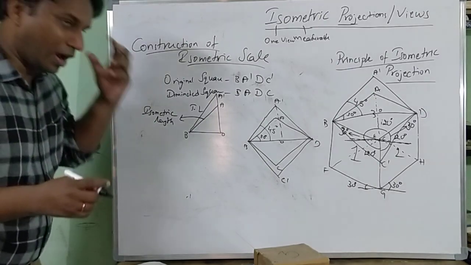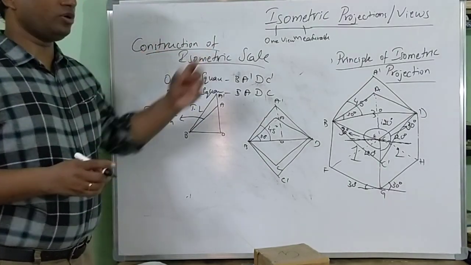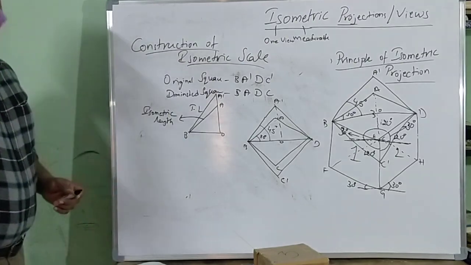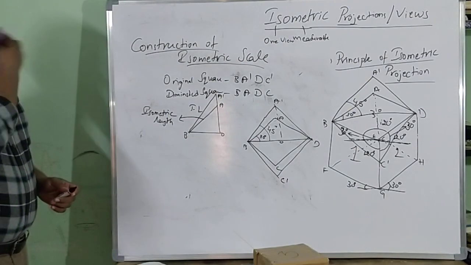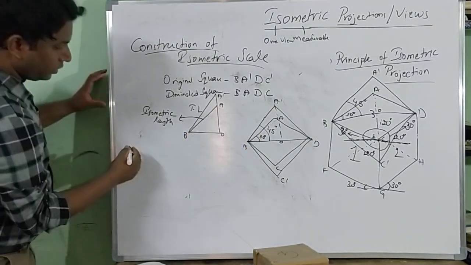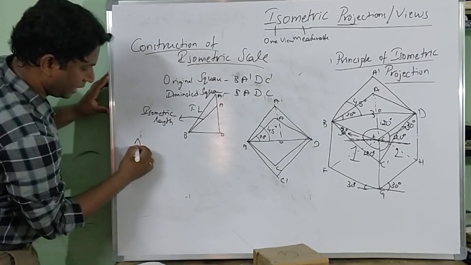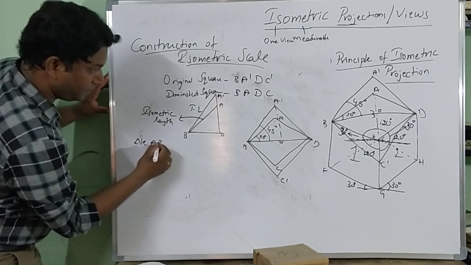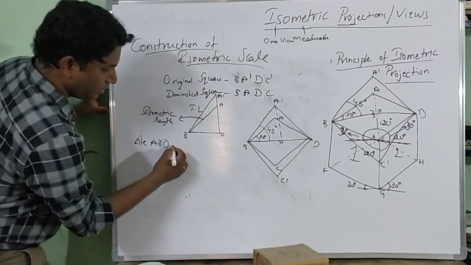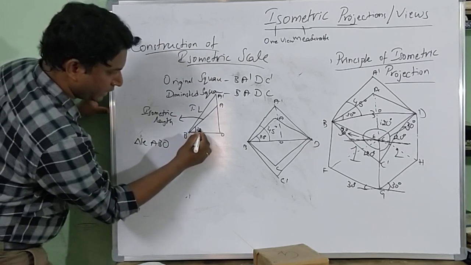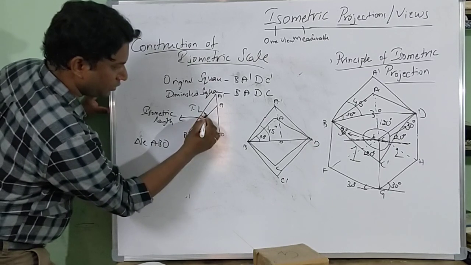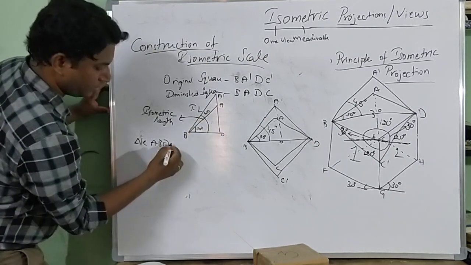Isometric length. As per the definition, isometric scale is nothing but the proportion of the diminished length to the original length. Now here we are supposed to prove something. From triangle ABO, this angle is 30 degrees, and this is 45 degrees.